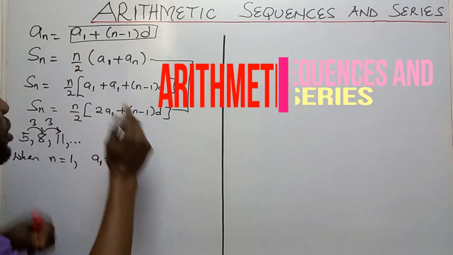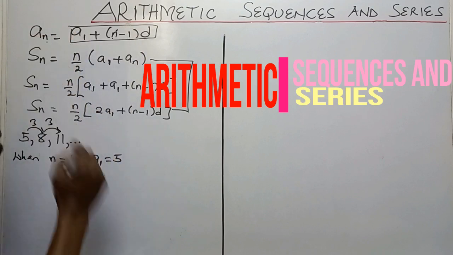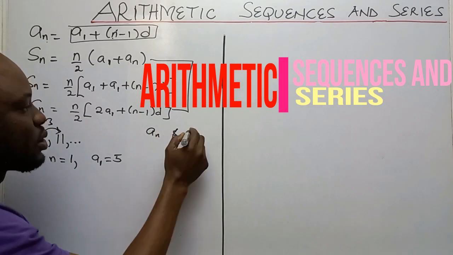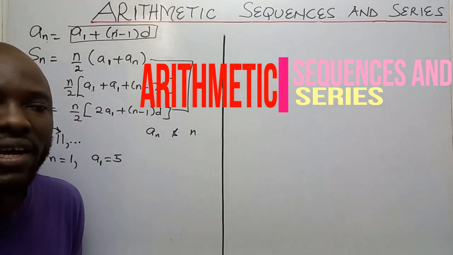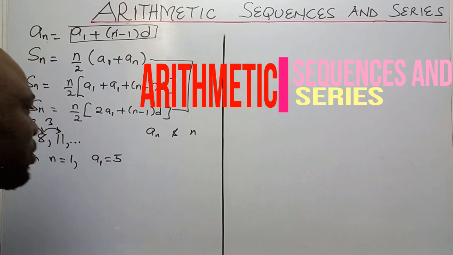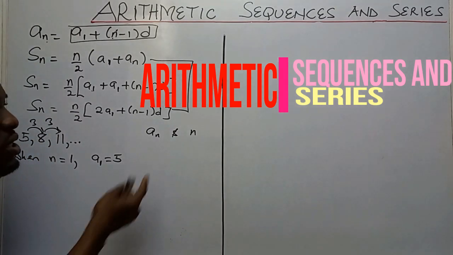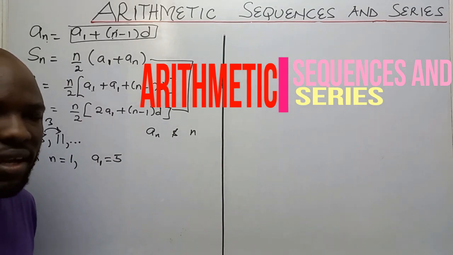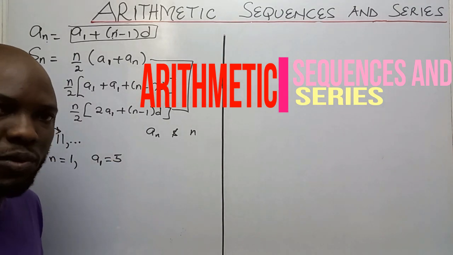Now in this formula, there is n and there is a sub n. So I want us to see the relationship between a sub n and n. If you look at this question, there are 3 terms: the first, the second, and the third. The n represents the position, and a sub n means the corresponding value of that position.